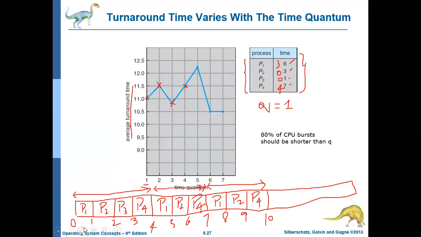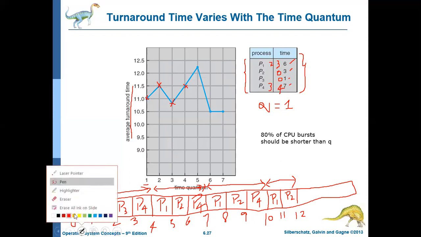P1 will execute for 1 millisecond, and then P4 will execute for 1 millisecond. So the fourth round completes at the 12th millisecond. After this, P1 is 2 and P4 is 3.